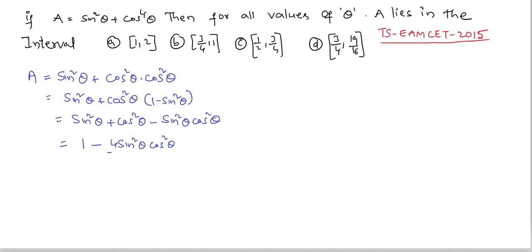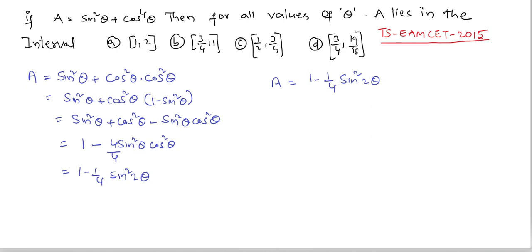So multiplying and dividing by 4, that is 1 minus 1 by 4 into 4 sin square theta cos square theta, that is sin square 2 theta. So a is equal to 1 minus 1 by 4 into sin square of 2 theta.